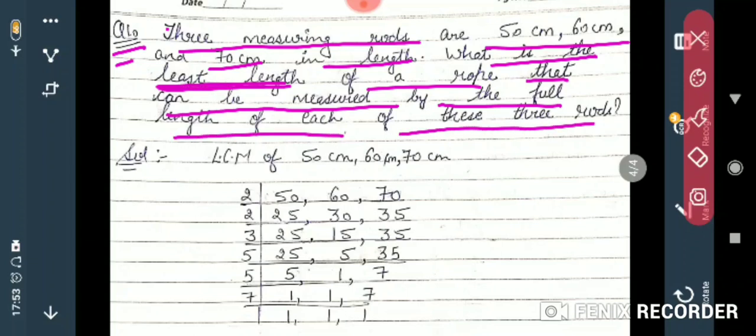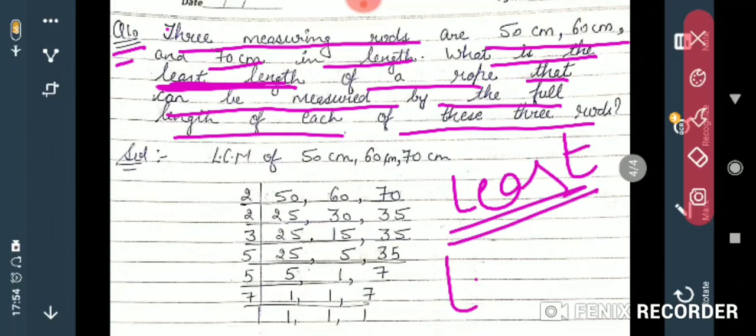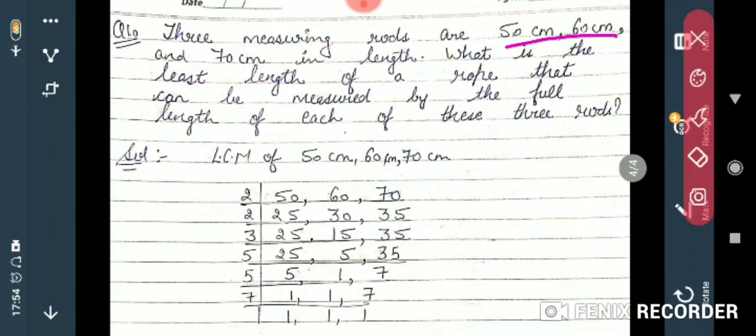So as it is mentioned in the question, what you have to find is the least length. So with this word least, we have to find the LCM of 50 centimeter, 60 centimeter and 70 centimeter.